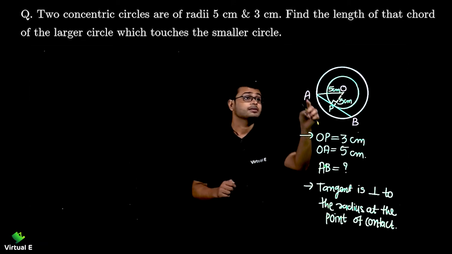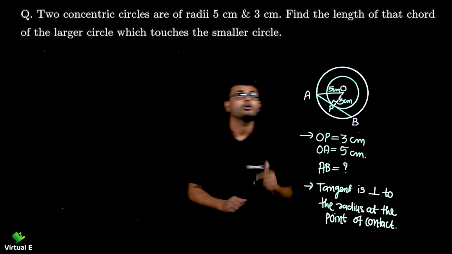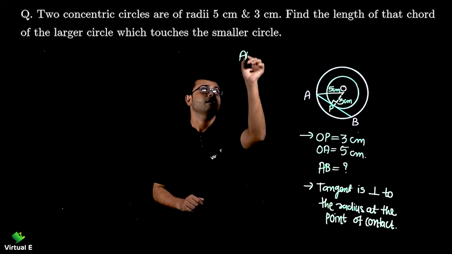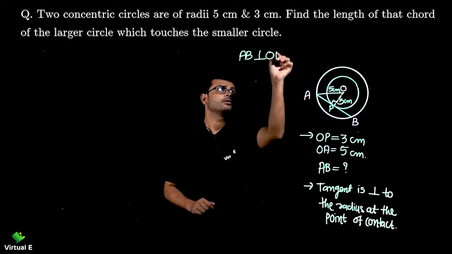So what can I write? AB is perpendicular to OP.